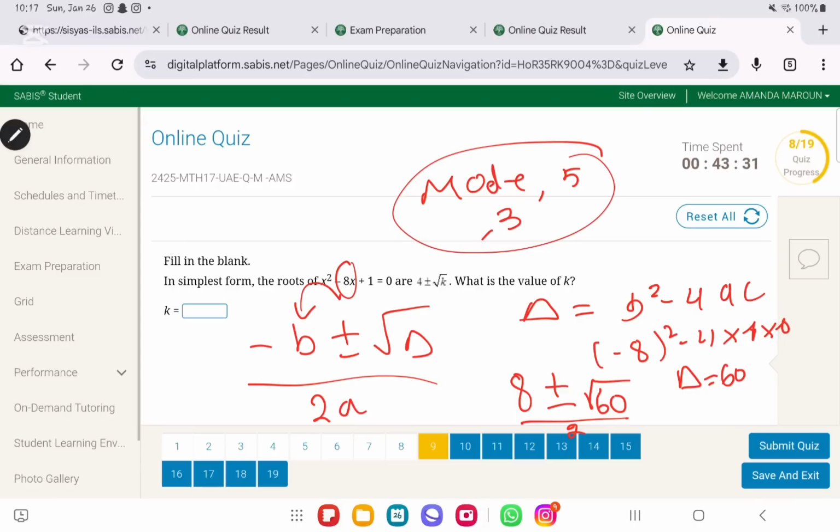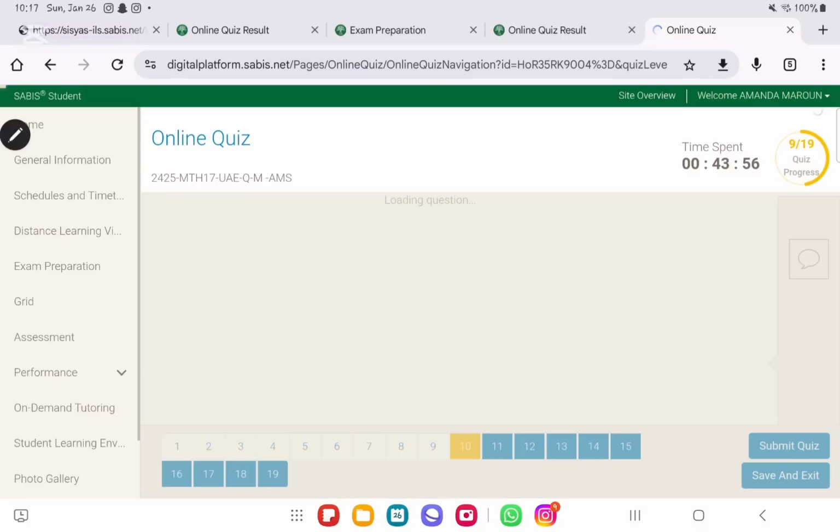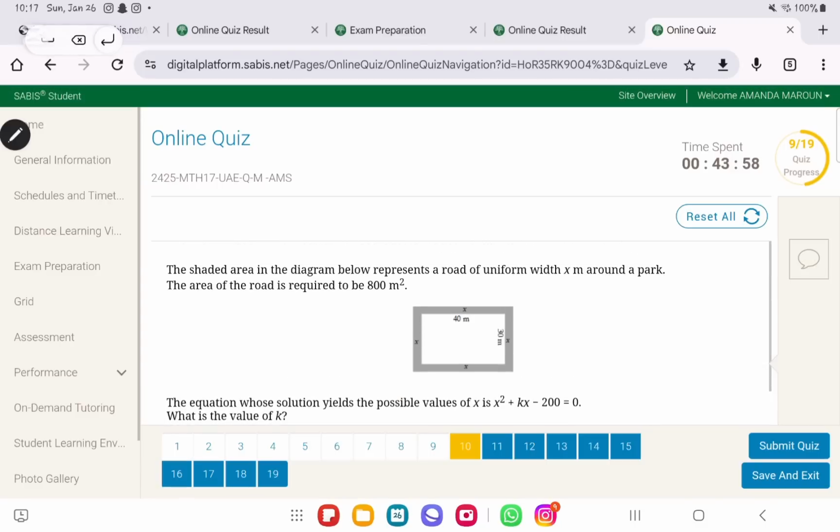Then you can put it on the calculator. If you don't have plus or minus, you can just put plus. So 8 plus radical 60 over 2, you are gonna get then 4 plus or minus radical 15. So the value of k is 15. Okay, so 15.